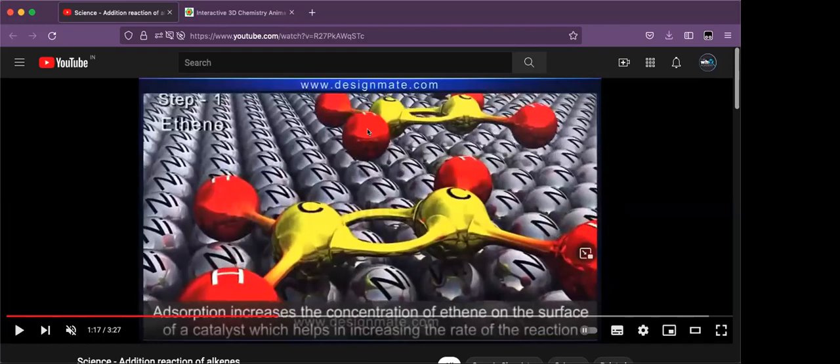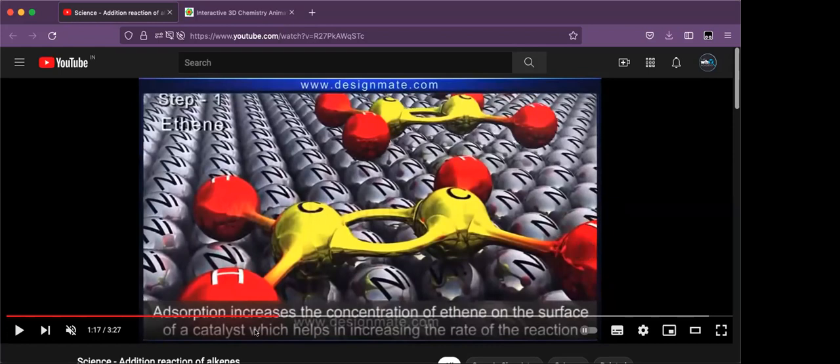You can see that the ethene molecules are just settling on the surface of nickel, the solid metal block. Adsorption, because each individual molecule is settling on the surface, makes more molecules available for reaction. So it increases the concentration of ethene on the surface of the catalyst.